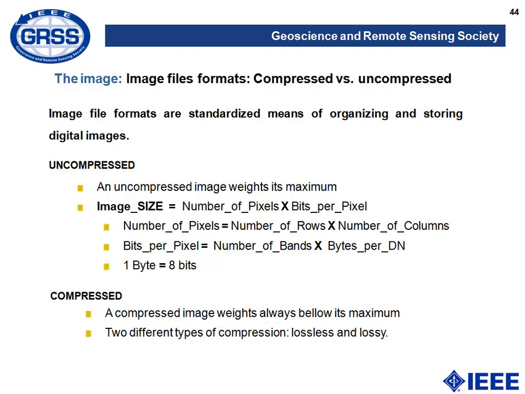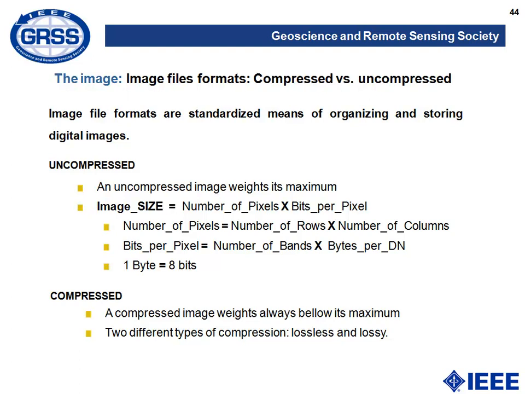Just to end this part of the tutorial dedicated to the image, a few words about the compressed and uncompressed formats, or the sort of formats in which the image can be downloaded and processed. We have uncompressed images and compressed ones.